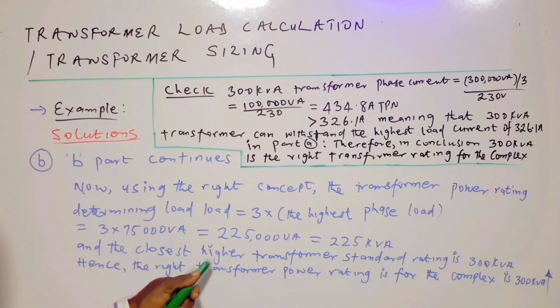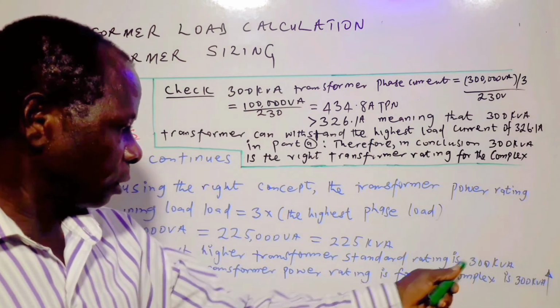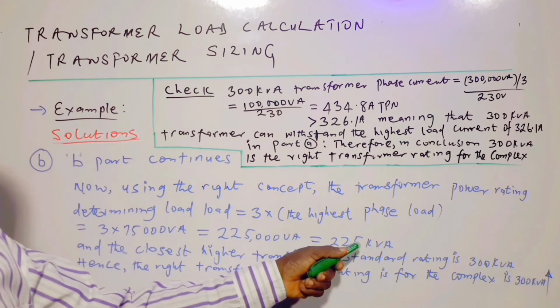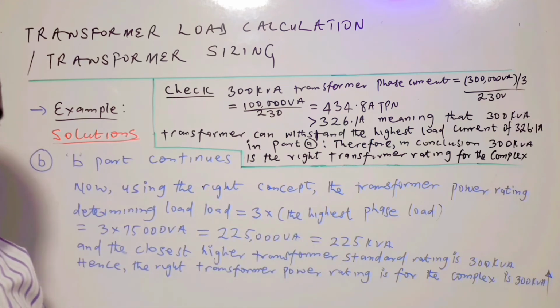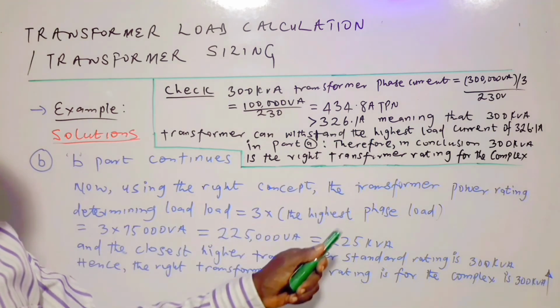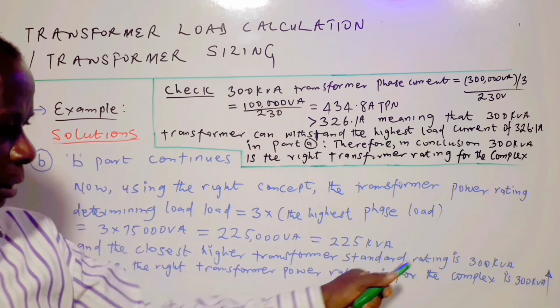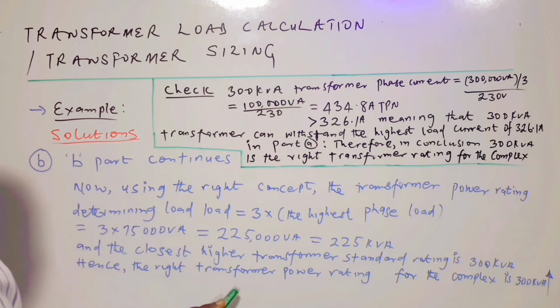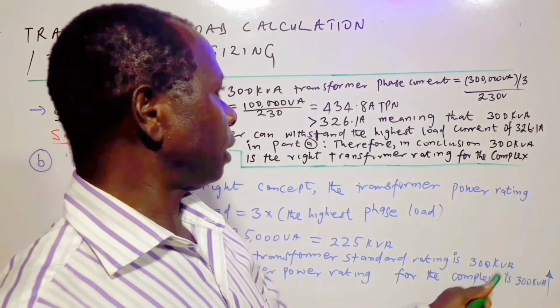The closest higher standard transformer rating is 300 kVA, because when we look at 225 kVA, one doesn't go lower than this. One will look for the next higher transformer rating, and that is 300 kVA. So hence the right transformer power rating for the complex is 300 kVA.